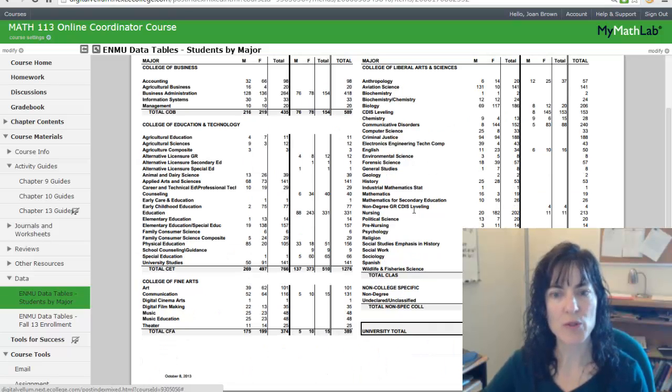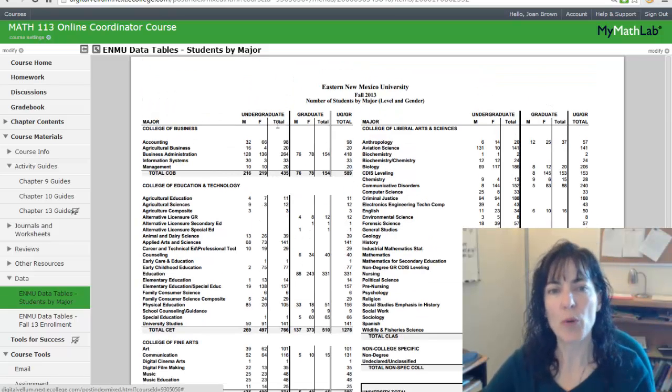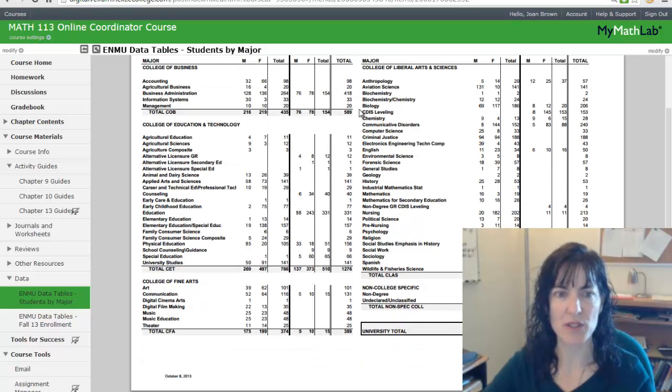So we have all those groupings, and within a grouping you can see that we have broken the students down by undergraduate and graduate, and then we have totals. Within each undergraduate and graduate, we also have males and females and then total students. So we have a whole bunch of data here about all the students, and this was from fall 2013. It is from the fall 2013 census, so looking at every student.